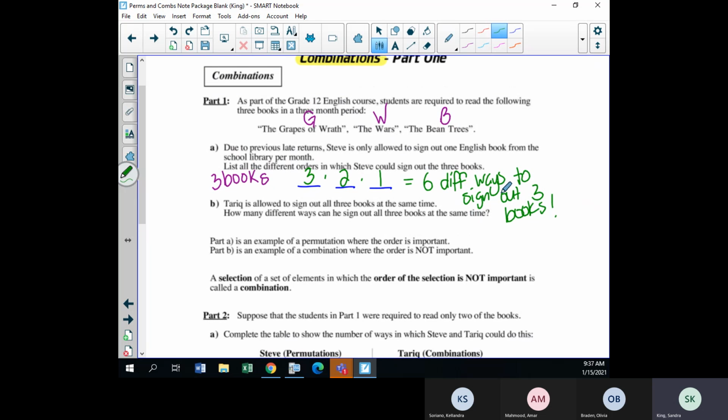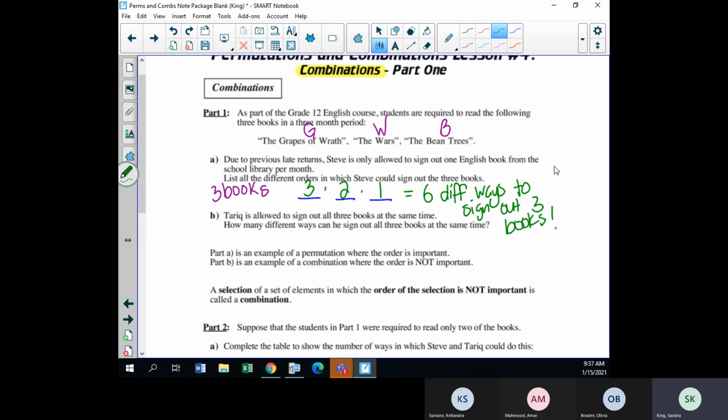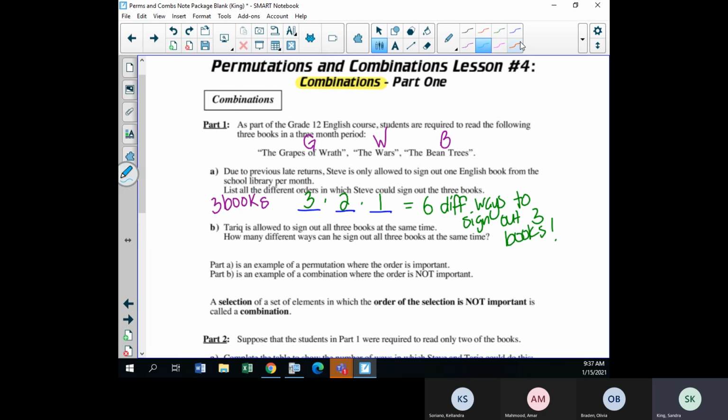The other 10% of you would literally be listing on a test. You'd say, okay, he could take out G, W, B, and then some of you would switch this and say G, B, W, and then some of you would say, I'm going to start with The Wars, W, G, B, or W, B, G, and then what's the last one he could start with? The B book.